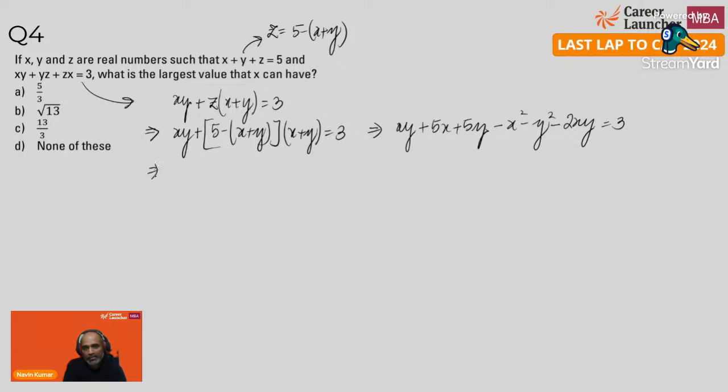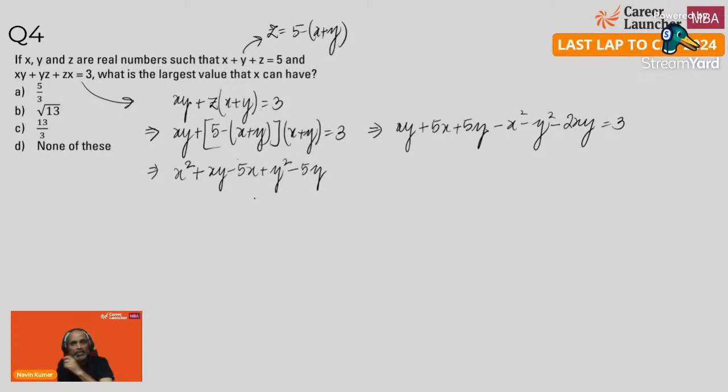Now, if I rearrange, what I can see is this is x² plus xy plus 5x plus y² minus 5y. Sorry, this is minus 5x.